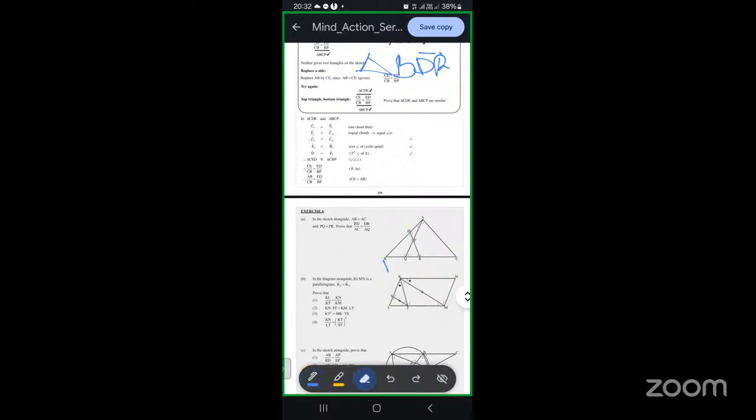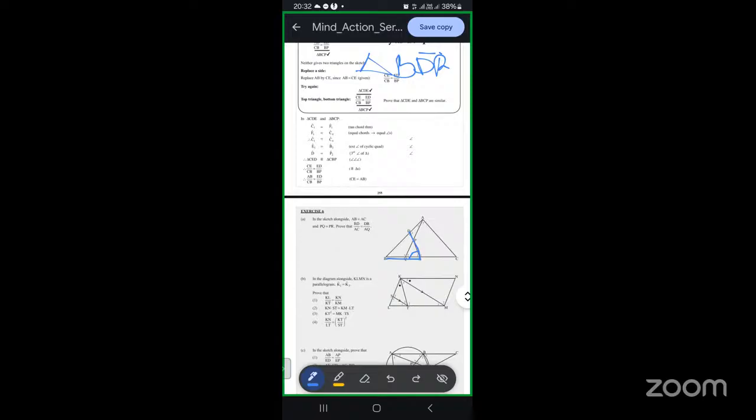Angle R. What is angle R? Are you talking about R1 or R2? R1, sir. Okay, so you are saying that those two sides and the angle. Yes, I was gonna prove that after.